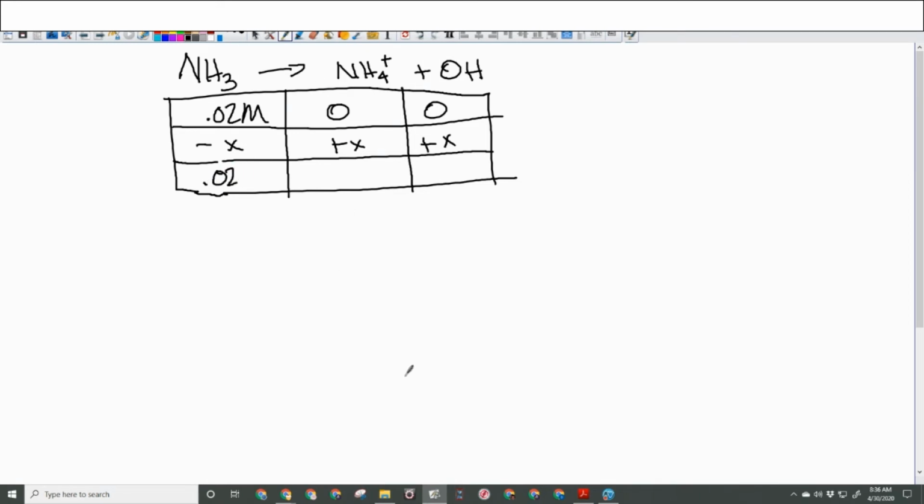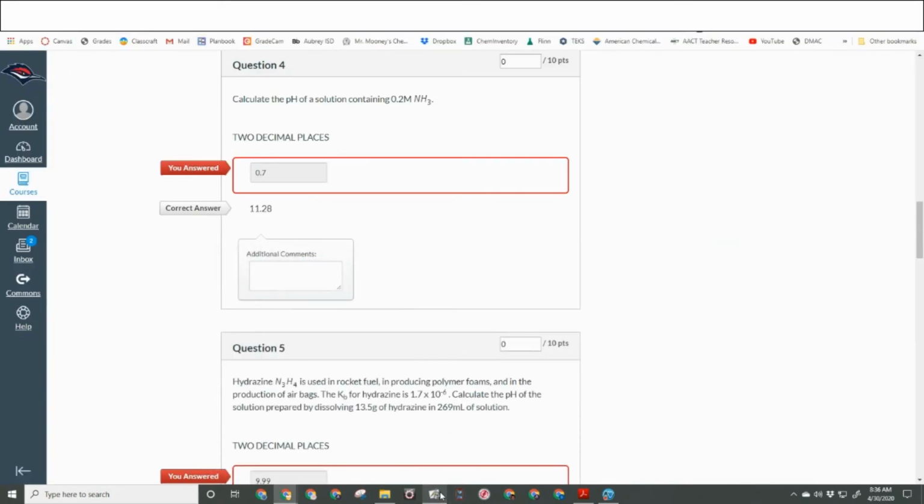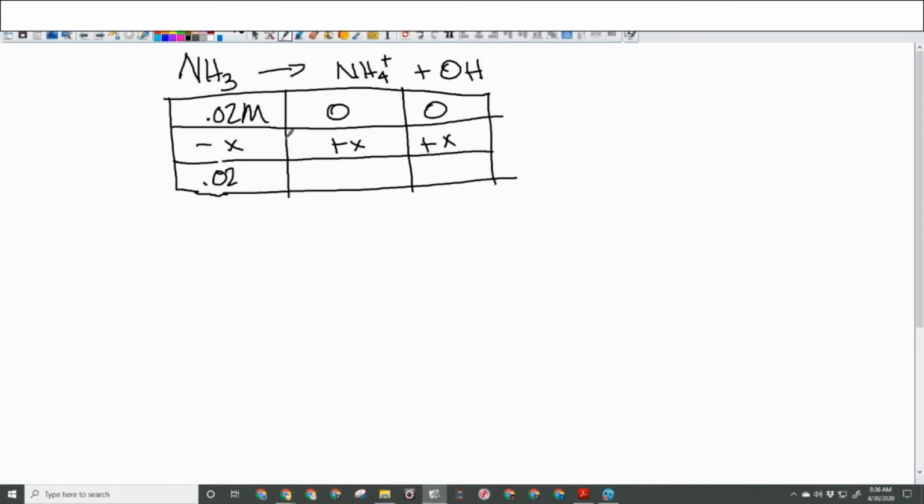Is that correct? 0.2. See, you got to be really, really careful that you write this down correctly. Double check yourself. 0.2, 0.2 minus X, X, and X.